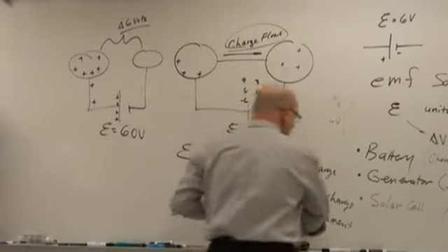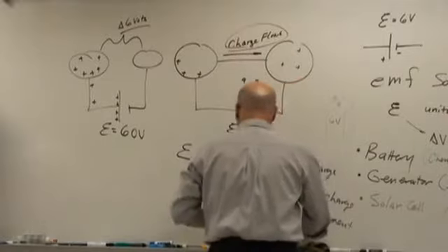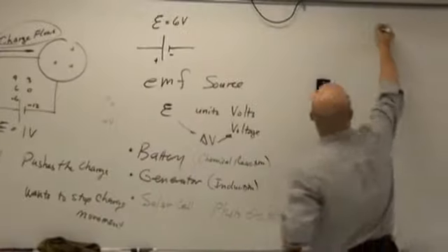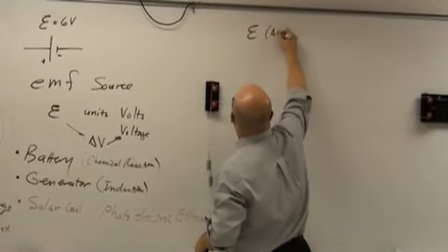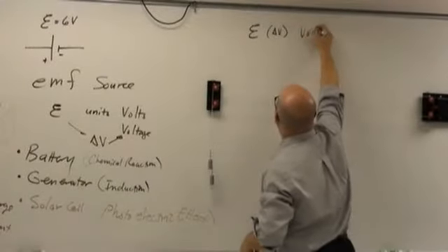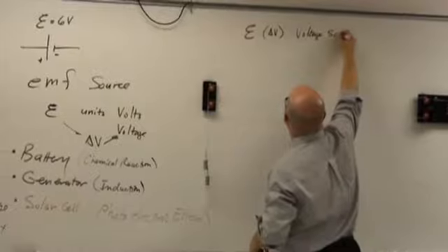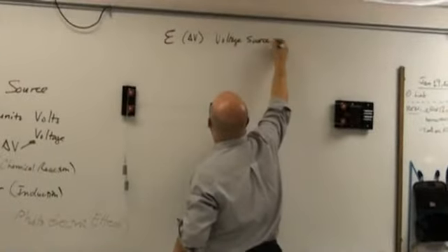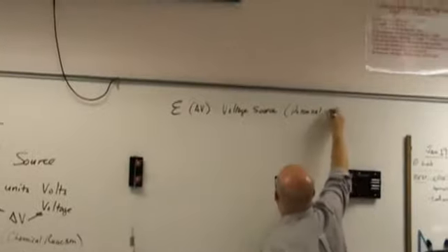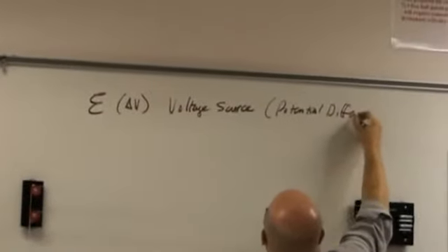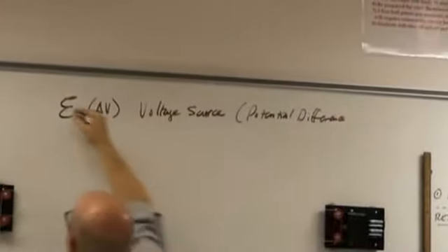Okay, so let's talk about this thing we call current. We already know EMF. EMF is a delta V, which is a voltage source or a potential difference. So there's number one.